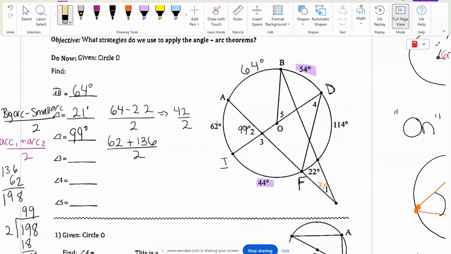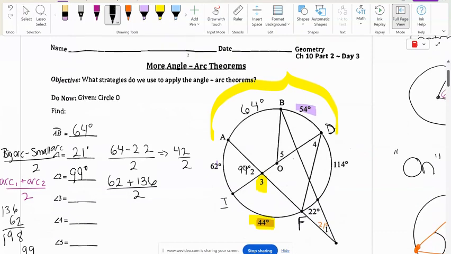All right, let's keep going. Now we're going on to angle 3. Once again, angle 3 is an inside angle. So here's our inside angle. Our arc is 44, but what's the other arc? It's not 64, it's not 54. Isn't it the whole AD? 64 plus 54 for its vertical angle's arc?